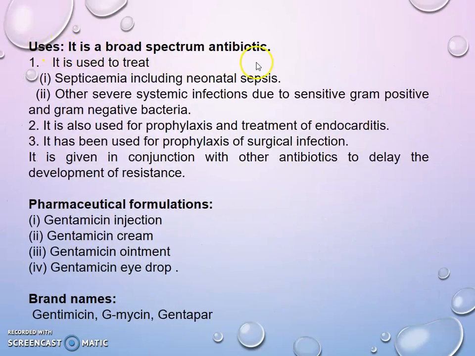Uses. It is a broad spectrum antibiotic. It is used to treat septicemia including neonatal sepsis, and other severe systemic infections due to sensitive gram-positive and gram-negative bacteria. It is also used for prophylaxis and the treatment of endocarditis. It has been used for prophylaxis of surgical infection.